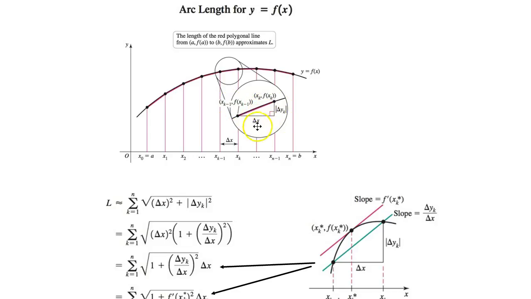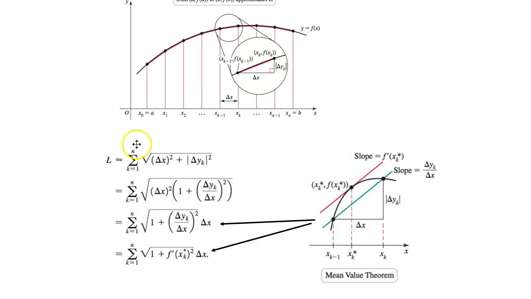We made the right triangles, and we came up with, alright, since this is delta x, this is delta y, this is their hypotenuse that's coming from the Pythagorean theorem, and we pulled out the delta x squared, and because that was a square under a square root, we pulled it out as just delta x. And then we notice this change in y over change in x. That's the straight line slope, the approximation of what we're trying to come up with for that curve.